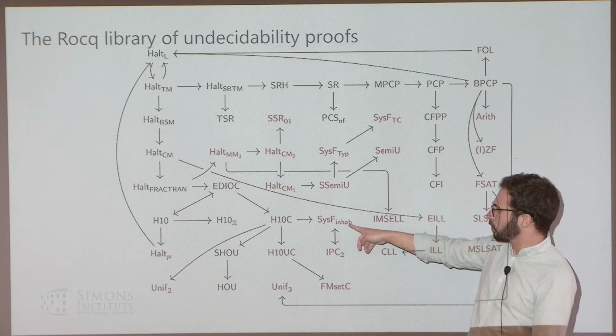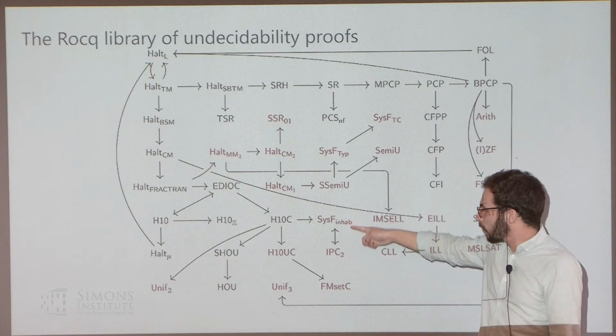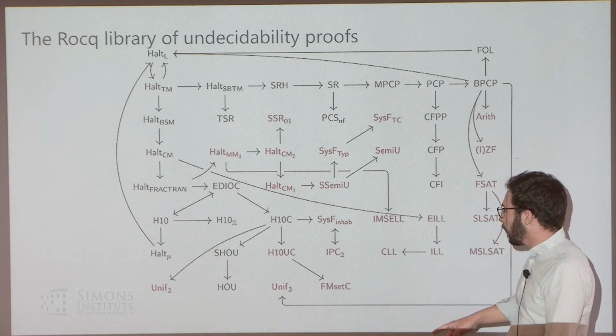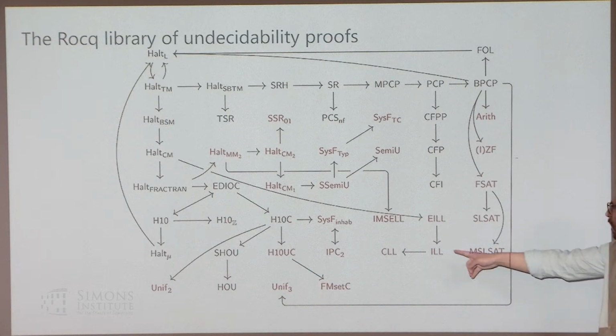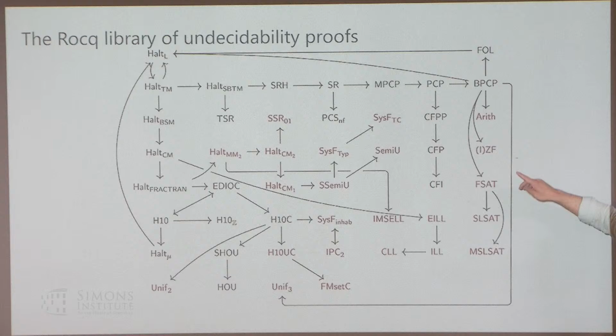System F inhabitation, meaning provability in second-order logic. Unification, second-order unification, third-order unification, linear logic, provability in ZF set theory, like provability in Peano arithmetic, all of these kinds of things.